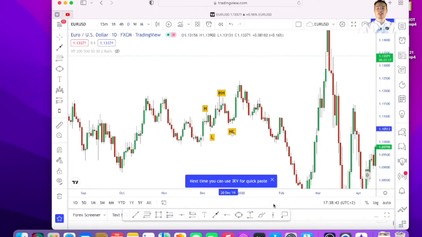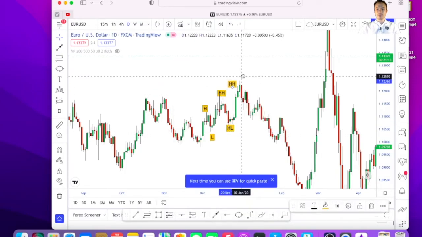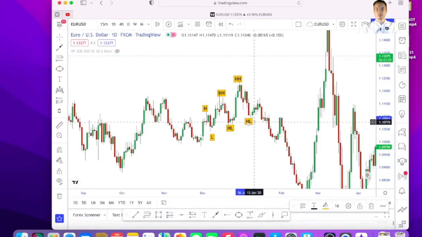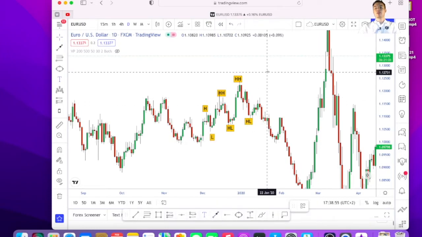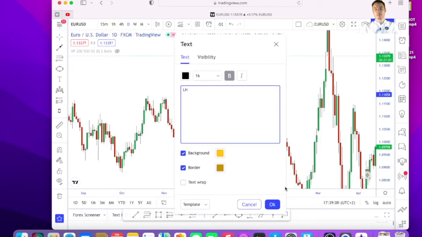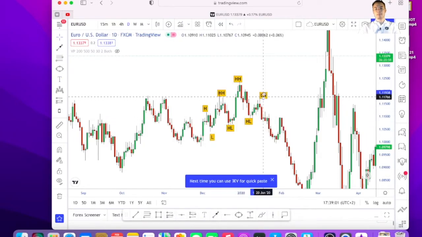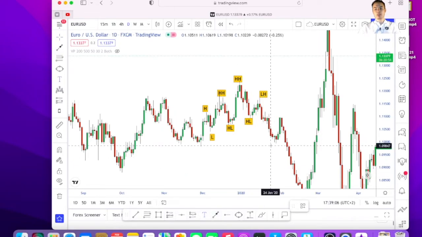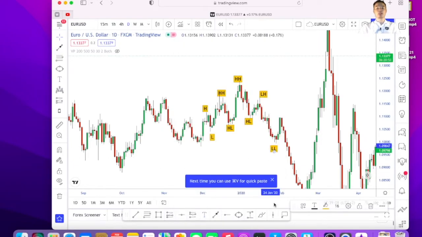Because it's higher than the previous low. Higher high. This one made a higher low. And then what happened? Price never went beyond this high, so made a lower high. And then formed a lower low, indicating downward movement.